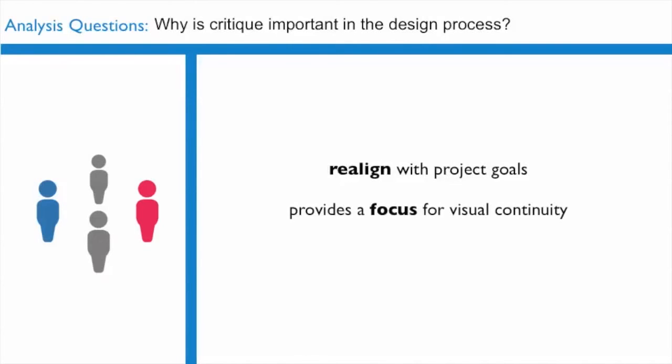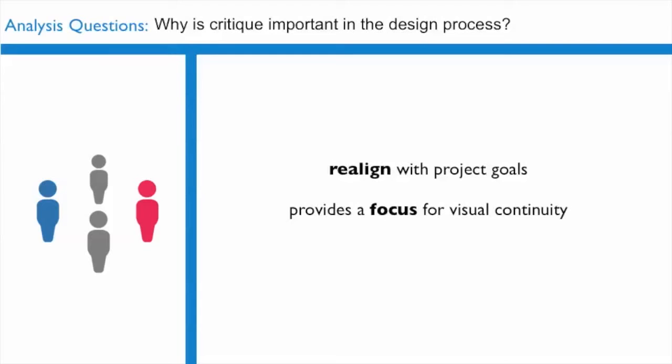It also facilitates the development of visual continuity, which we have discussed in previous weeks. Where this is important is because it allows the individuals in the team to make sure they're not working in silos. I've been in very interesting design meetings where one person working on the typography assets will start having a conversation with a person working on the illustration assets, and they'll both realize that they're using different color palettes.